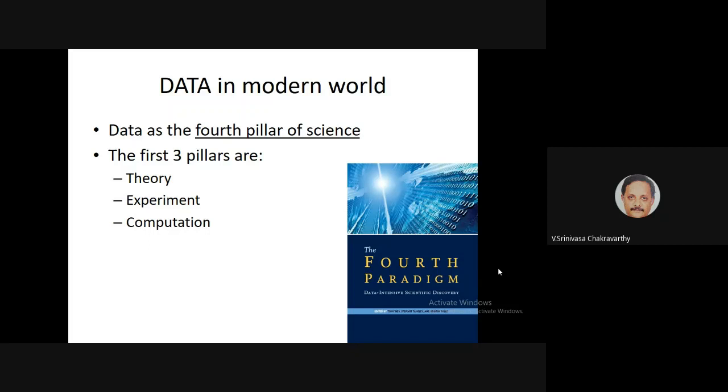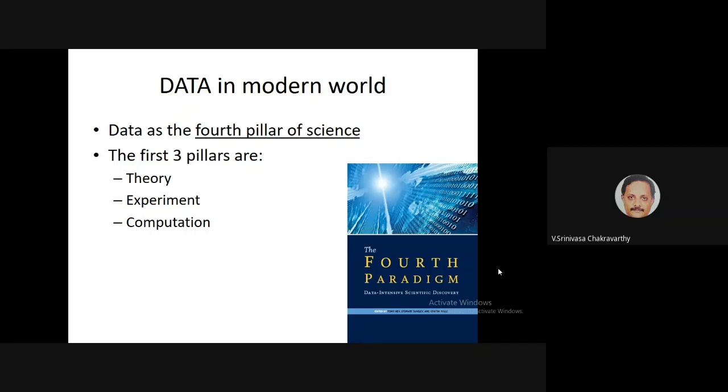So experiment has a history of a few thousand years at least, whereas theory, by which we obviously mean mathematical theory, was weak for a very long time, at least a couple of thousand years. But strong theory with calculus and more advanced mathematics is a more recent phenomenon, just a few centuries old. So experiment came first, theory came later, and computation is even more recent.